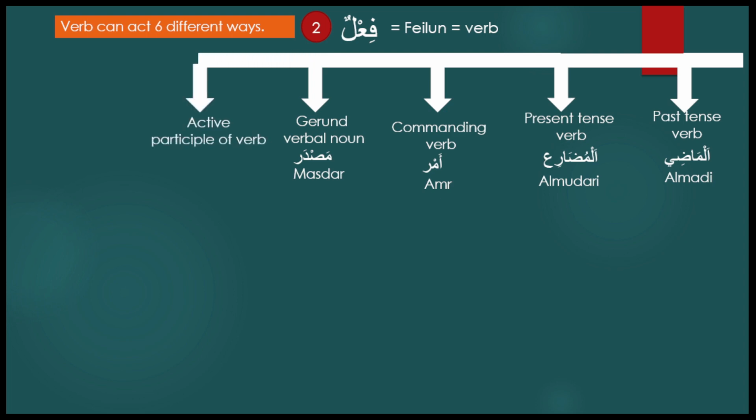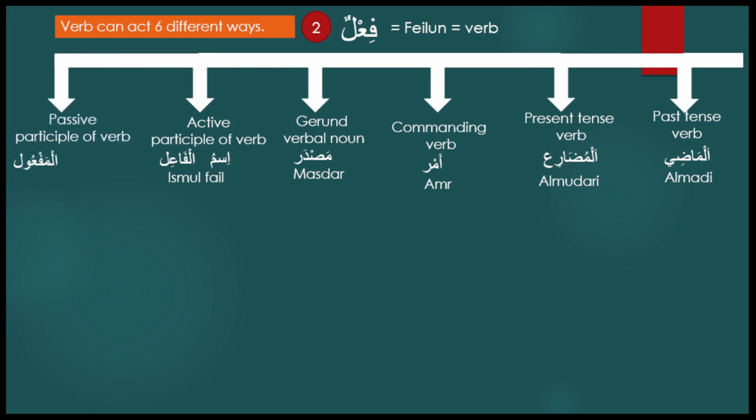Fifth form of verb is called active participle, or in Arabic, it is called ismul fa'il. And the sixth one is called passive participle. In Arabic, it is called ismul maf'ul. An Arabic verb can be used in these 6 forms in a sentence.